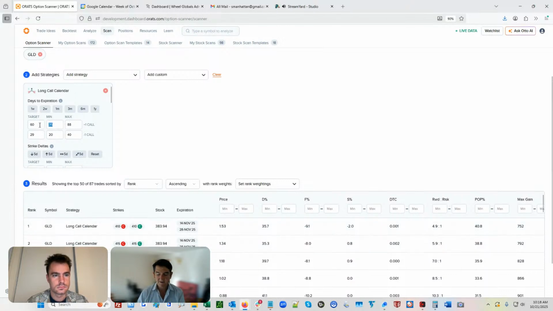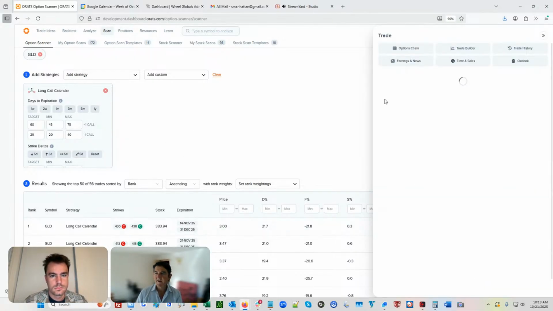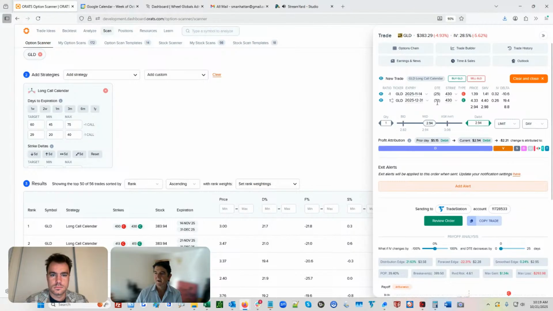I want to set this tighter. And maybe 90 is a little bit too much. All right. So something like this, Tyler. Let's see what these actual DTEs are. 72 and 25. That looks decent.